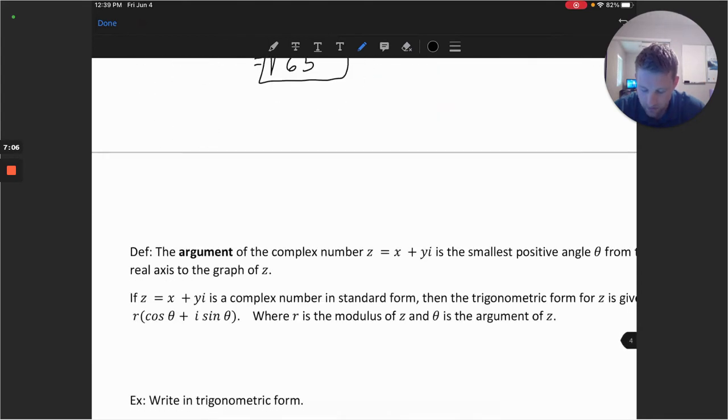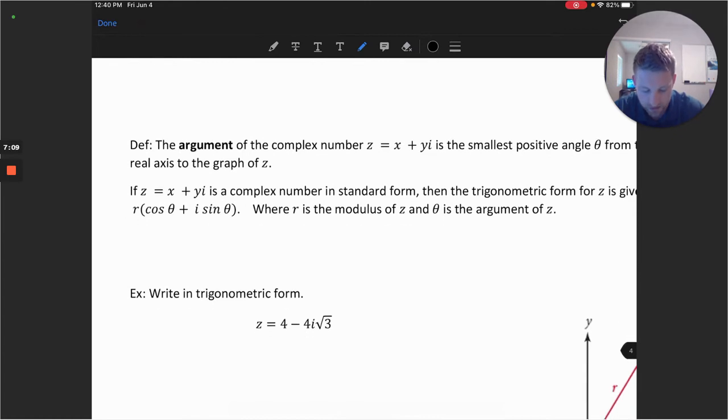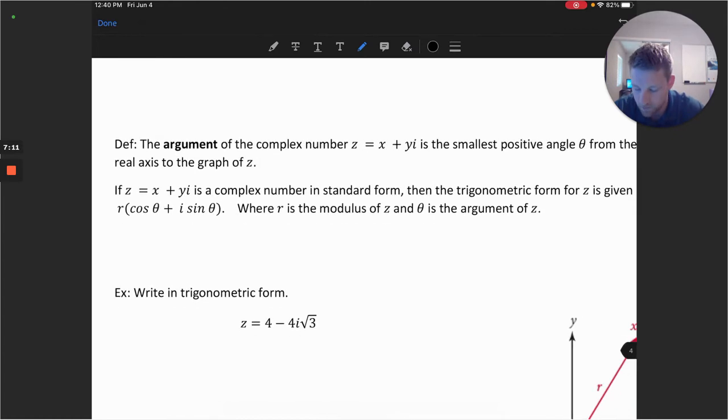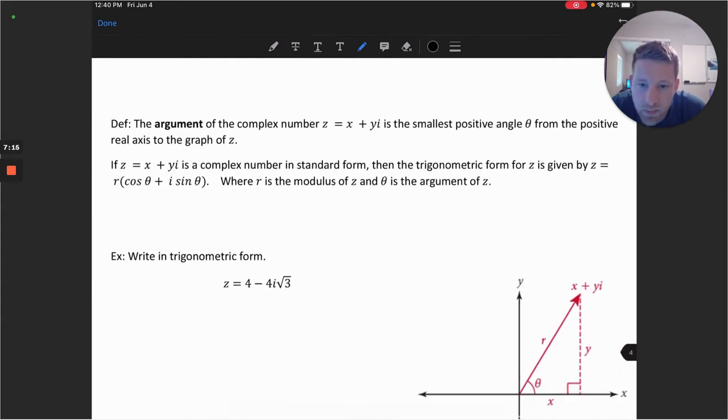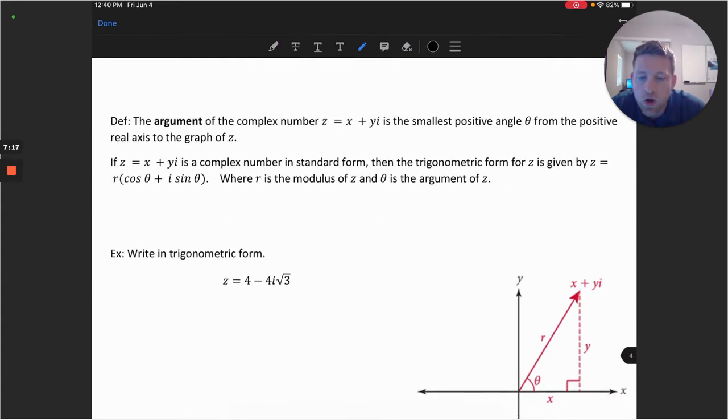The next definition we'll need to round out the concept here is the argument of a complex number. So the argument of a complex number, z is equal to x plus yi, is the smallest positive angle, theta, from the positive real axis to the graph of z.